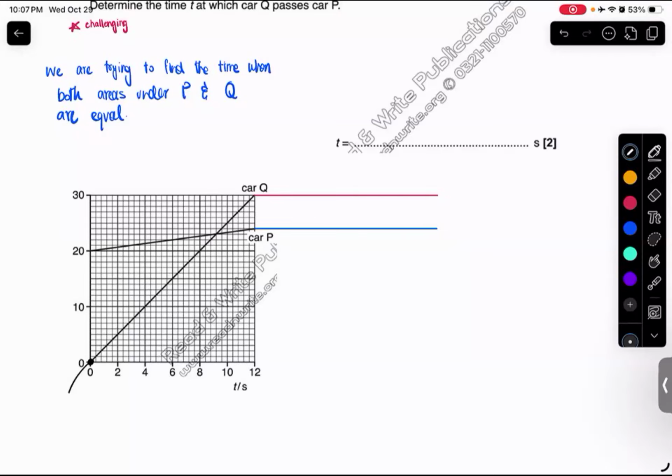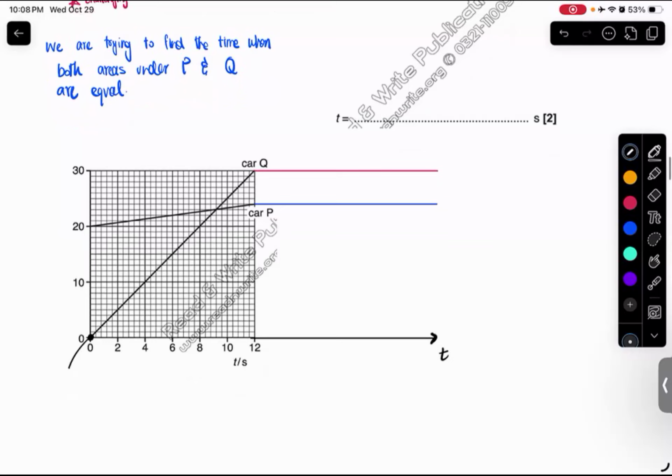Now, there is going to be a point where both of their areas under the graph are equal, and at that time t, that is the point where car Q will surpass or pass by car P. So let's assume that this is that point.